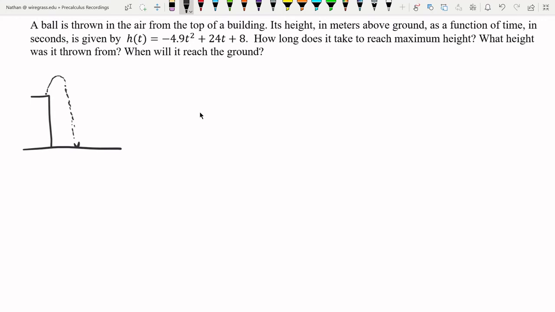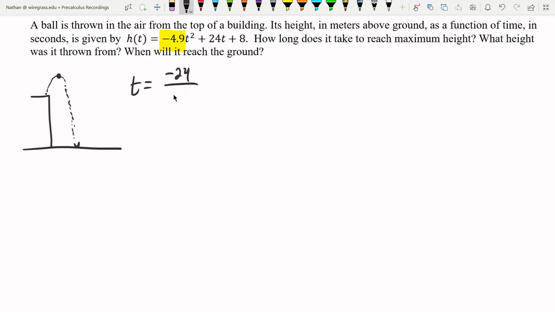Okay. How long does it take to reach the maximum height? The maximum height is going to be, of course, here. We know that it does have a maximum because a is negative. That means it's going to open downward, as you can see on this graph. And the maximum is going to be at the vertex of this quadratic. So we know that's going to be t equal to negative b over 2 times a.